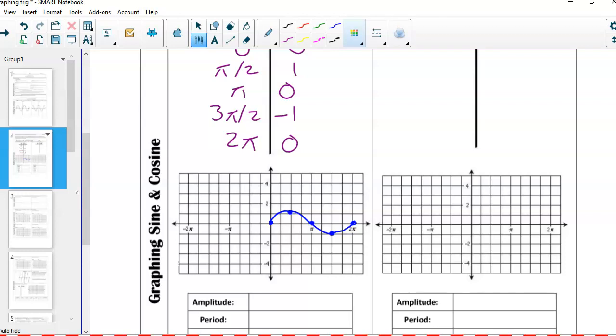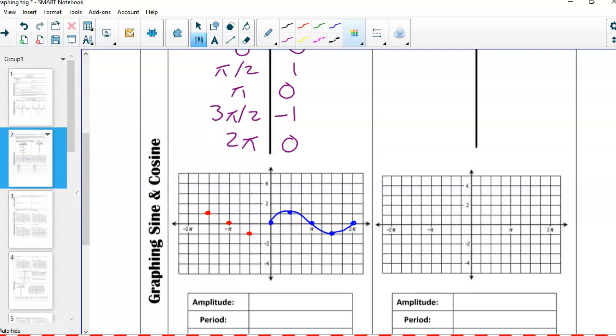Well, sine of negative pi over 2 is the same thing as sine of 3 pi over 2, so that would be negative 1. Sine of negative pi would be the same thing as sine of pi, so that would be 0. Sine of negative 3 pi over 2 is the same thing as sine of pi over 2, so that would be 1.